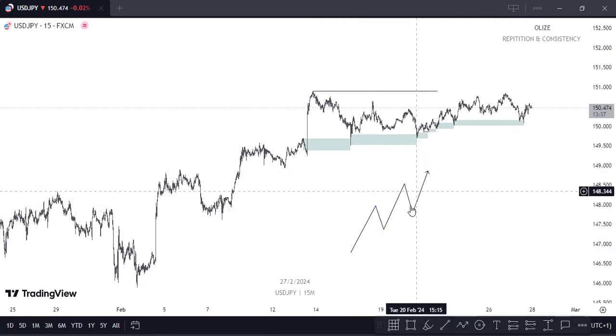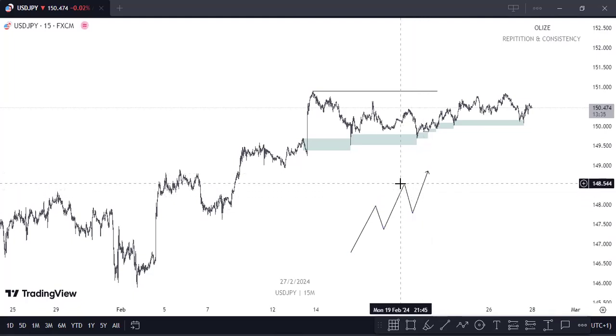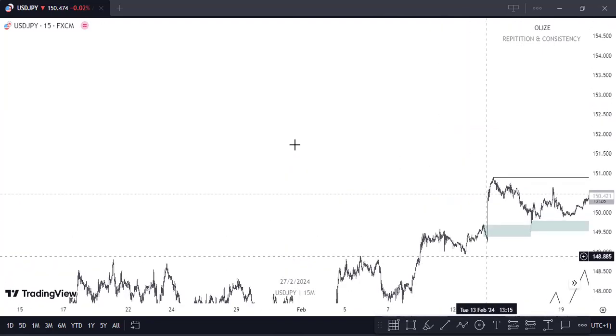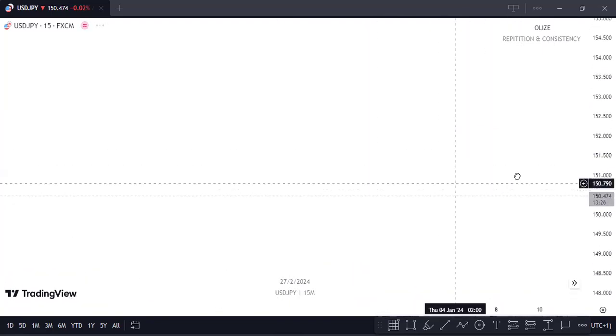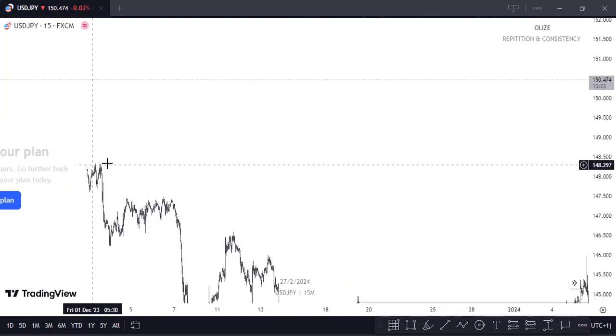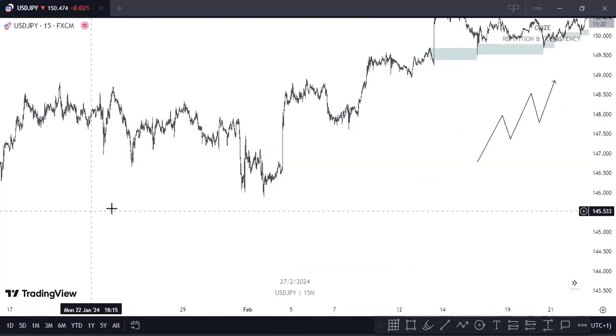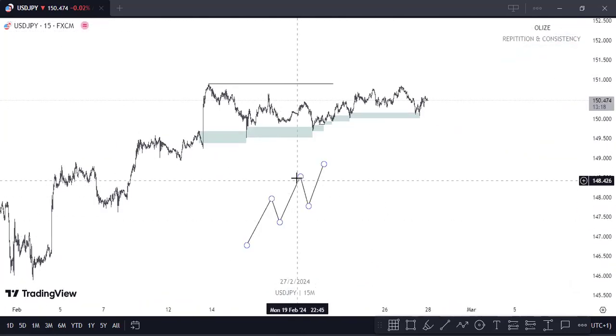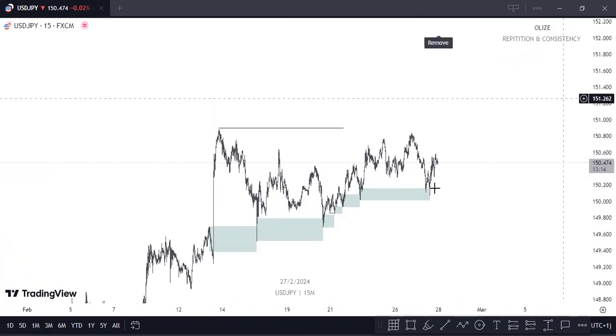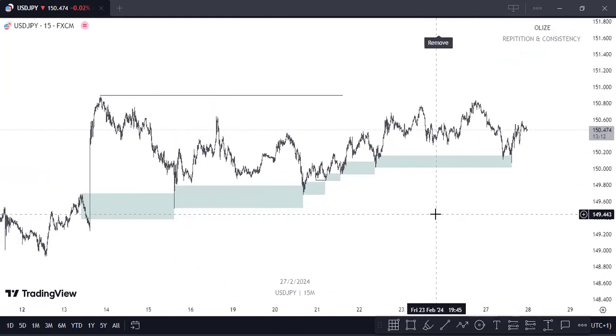I'm trading with this impulsive move that is going to take out the old swing structure. And I told you the overall old swing structure is your external range liquidity. So it's somewhere around here.